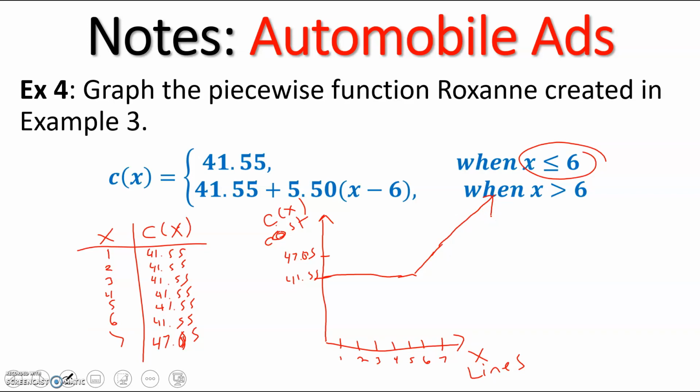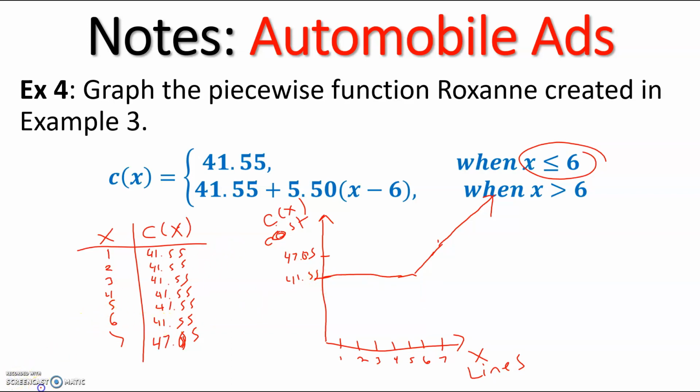So we know that the slope of this line over here, right, is this 5.50, right, up $5.50 over one line. And that, of course, the slope here in this section is 0 because the price doesn't change as we increase the number of lines.